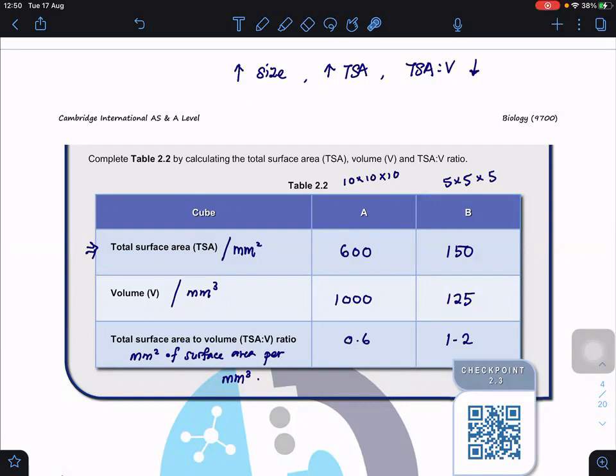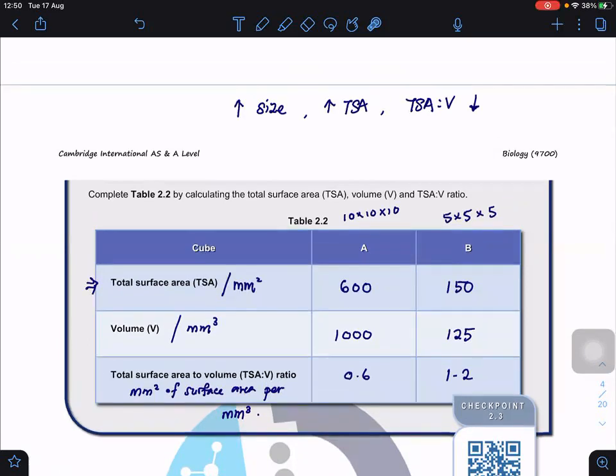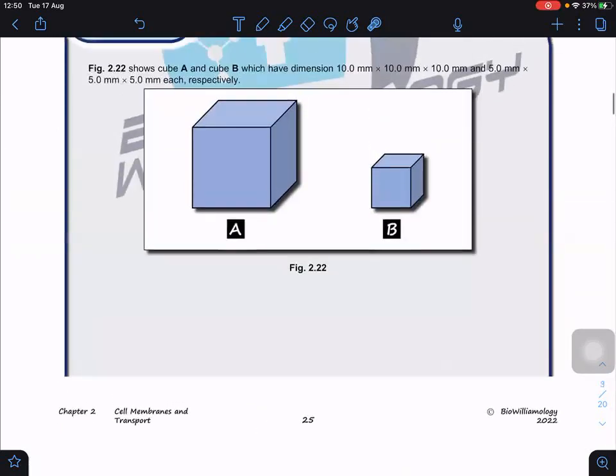Now, an interesting part here is that total surface area to volume ratio can only be applied to the same geometrical shape. Are you clear? You cannot compare surface area to volume ratio between a cube and a cuboid, or a round or spherical shape.